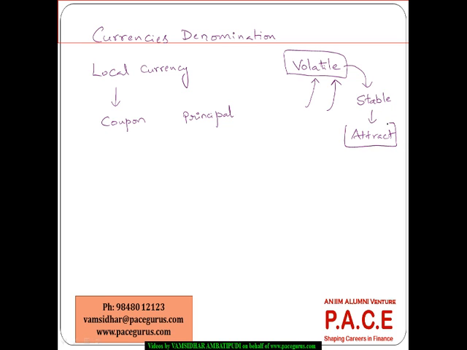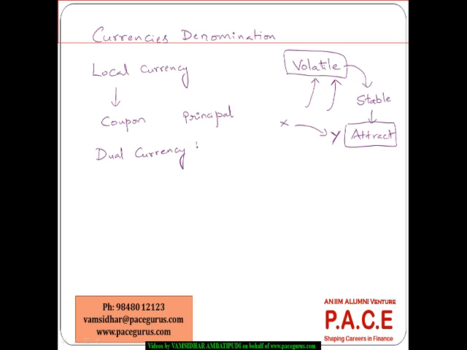So whenever a company in country X is issuing the bonds in country Y, we are talking about the currency there. That is where the currency becomes an important aspect. There could be a dual currency, those kind of bonds have an impact of the currency on their valuation.